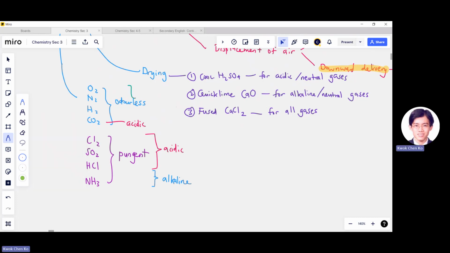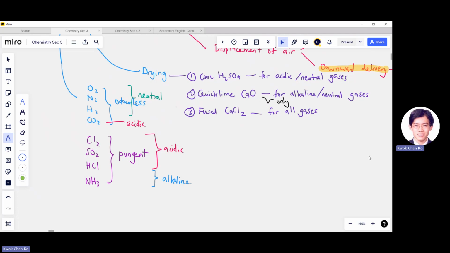That leaves my last category. These 3 are so-called neutral gases. And in case you haven't deduced by now, quicklime or calcium oxide is only for one gas.